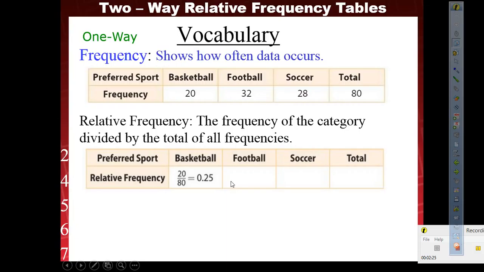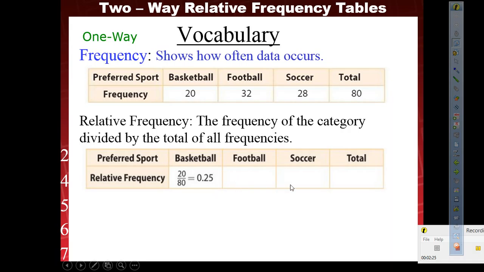Okay, and then from there you would reduce and you would get what? 8 over 10, 4 over 5. 4 over 5, you said? Okay. So let's start with 32 over 80 and then reduce, right?